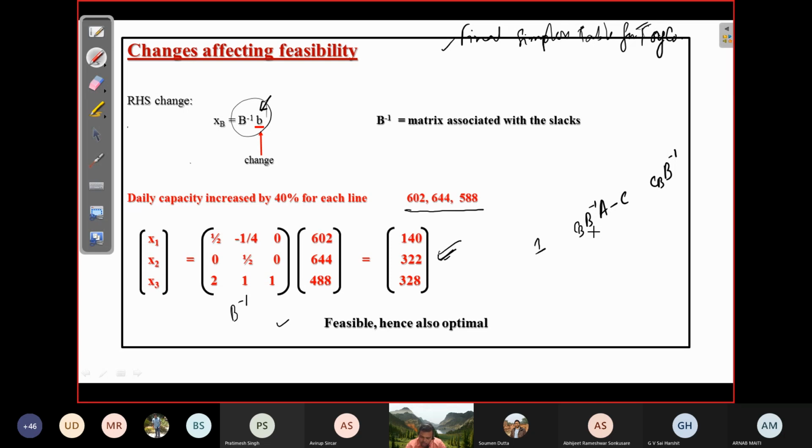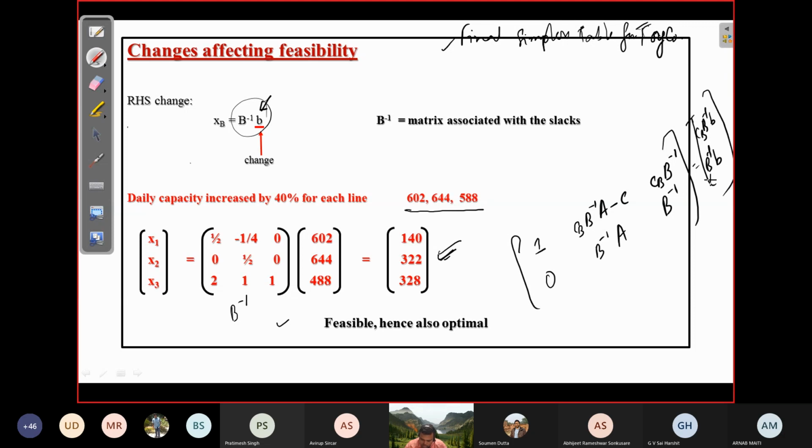It is all coming from the matrix form of the simplex method, right? 0, B inverse A and B inverse, and on the right hand side, CB B inverse b and B inverse b.